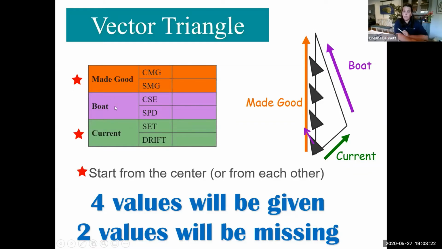Then you have what your boat was doing, what you were steering, what your speed was. And then you have the current, set and drift. From these 6 values, you will be given 4. They might not all be on the same one. So it's kind of like putting the puzzle together.